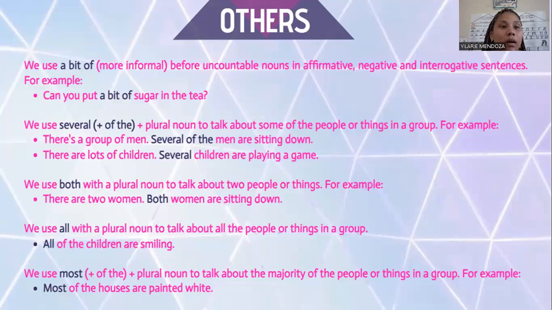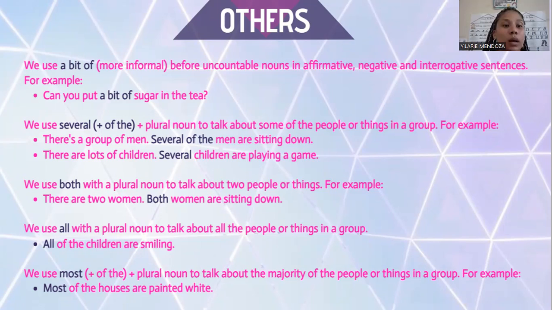Others. In others, you have a bit, several, both, all, most. A bit of you use before uncountable nouns in affirmative, negative, and interrogative sentences. Several plus of them plus plural noun tells about some of the people or things in a group.